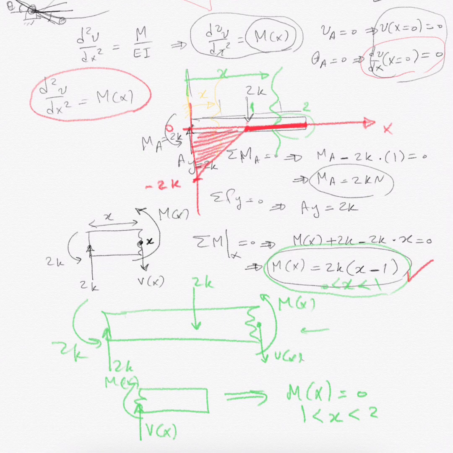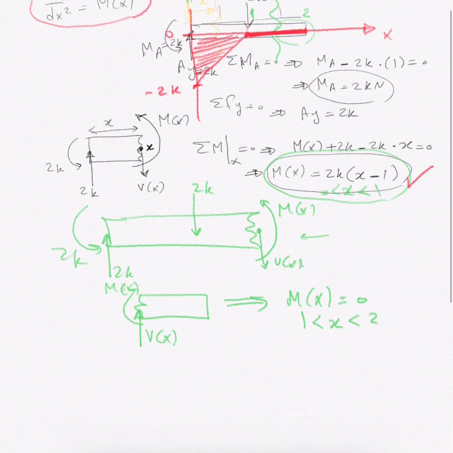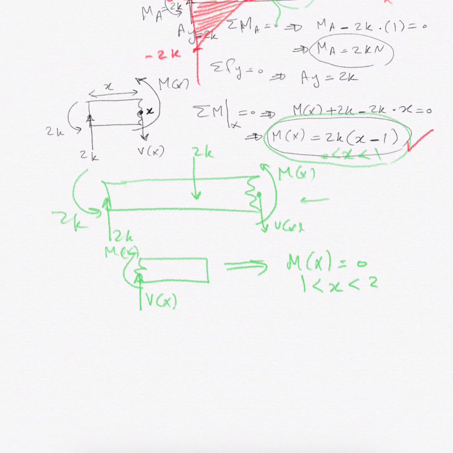Okay? But we know that here I have two completely separate intervals, from 0 to 1 and from 1 to 2. Okay? So when I integrate that, I have to do it separately from 0 to 1 and separately from 1 to 2. And that actually causes two additional constants of integration, as you can see here. So let's write this problem.